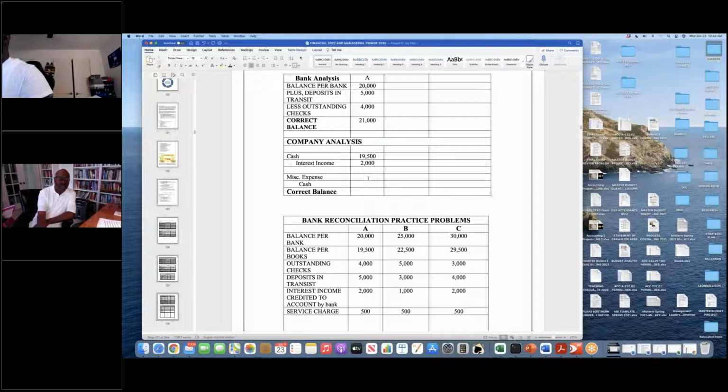Then we're going to subtract the service charge, and that's a miscellaneous expense.